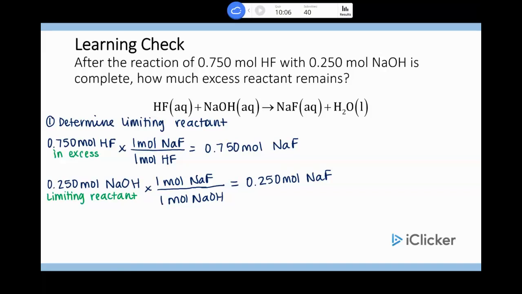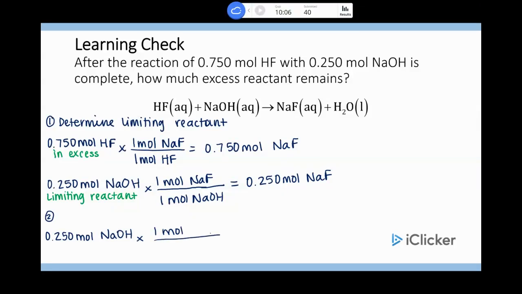Okay, now step 2. We're looking to see how much of the excess reactant remains, so how many moles of hydrofluoric acid is not reacted. We need to determine how many moles of hydrofluoric acid is reacted. And we base all of our stoichiometry calculations on the limiting reactant. So 0.250 moles of sodium hydroxide are reacted.